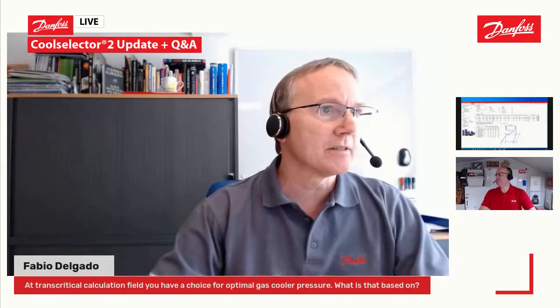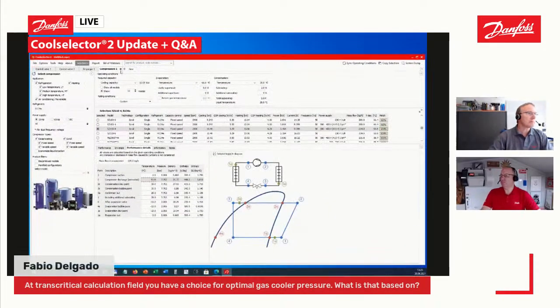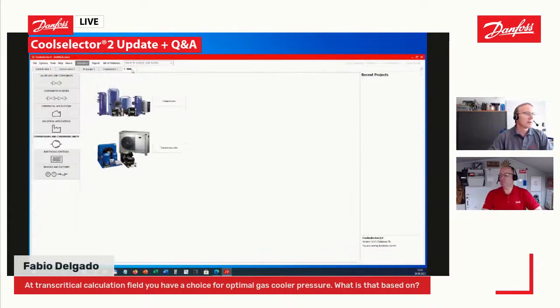Okay, so the next question has come up. And there we have, at transcritical calculation field, you have a choice for optimal gas cooler pressure. What is that based on? Okay, that's an interesting one. Let me share Coolselector so I can show you.